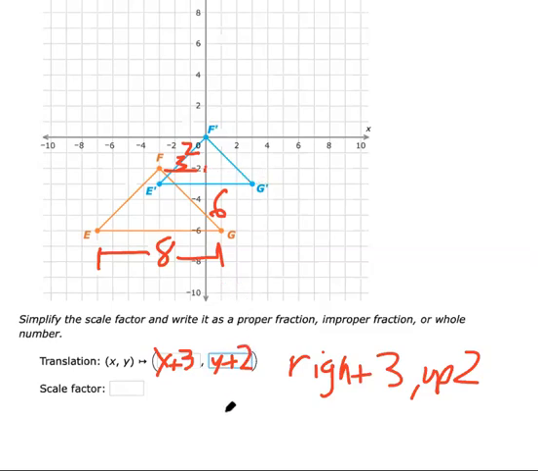So the scale factor is actually going to be 6 over 8, which reduces down to 3/4. So my scale factor, I want to write with a colon: 3 colon 4.